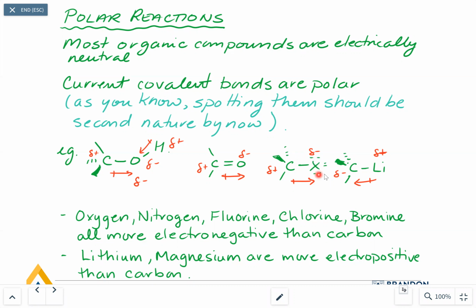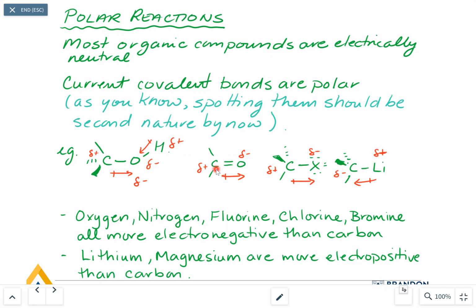The more electronegative atom will have the delta minus. And the exact reverse is true if you've got an atom which is electropositive, like lithium. So in this case, carbon's going to be the delta minus. It's going to have the electrons. So methyl lithium compared to methyl chloride, completely opposite chemistry.